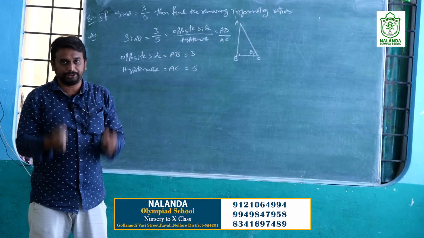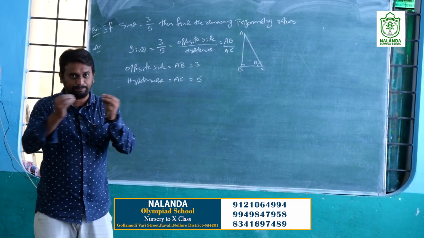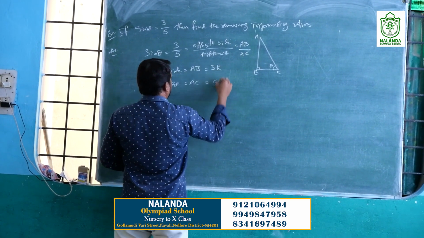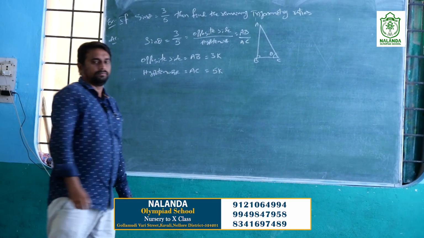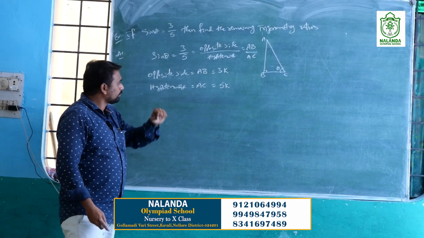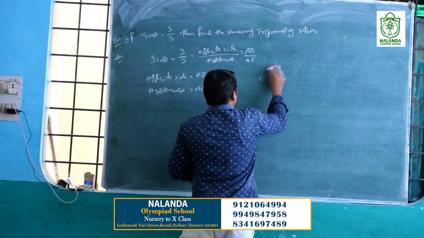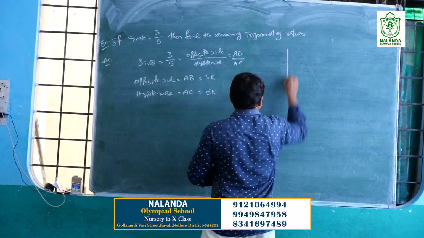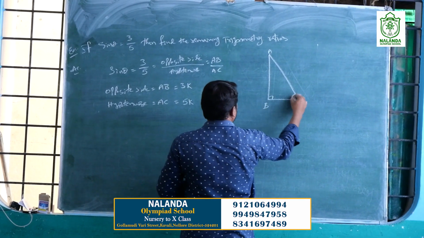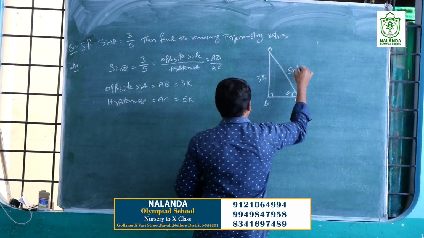But this is the ratio, so we can use a constant term. I want to take K here. So in the figure, for the theta, the opposite side is 3K and the hypotenuse is 5K.